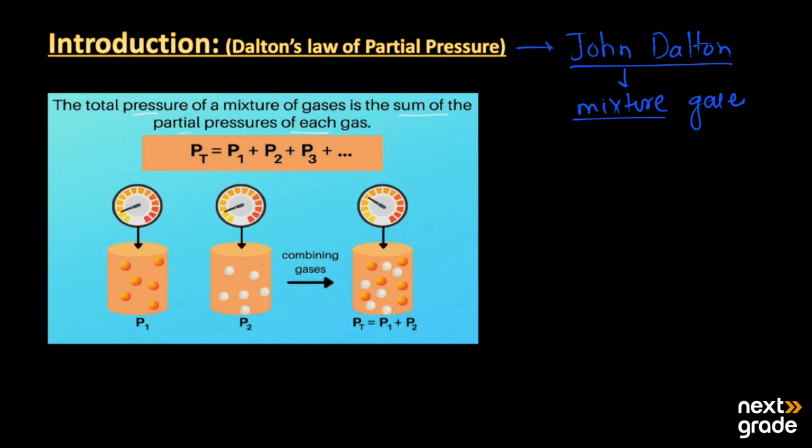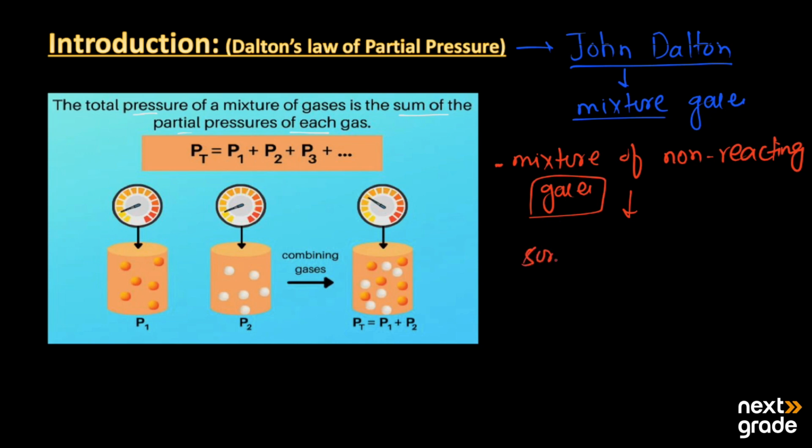So simply it means this: when we have a mixture of non-reacting gases, meaning the gases that do not react with each other, or the gases that are inert towards each other, then the total pressure exerted by all the gases is equal to the sum of the partial pressures of the gases.